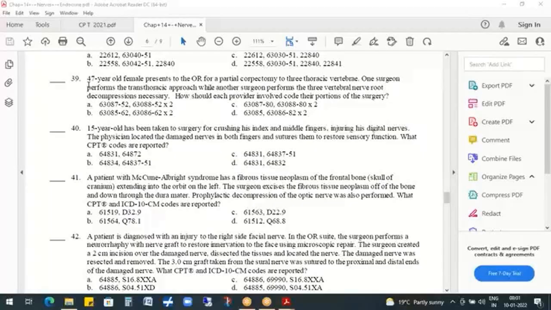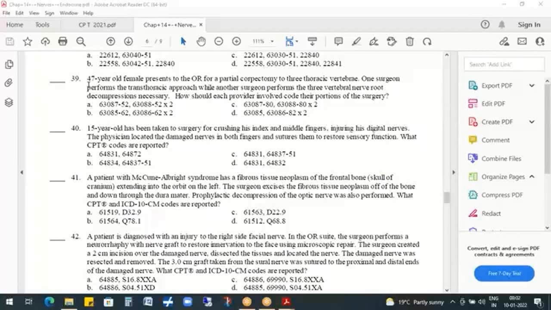Any block? No, sir. Is there any suturing of nerve? Sutures them, yes. Suturing is there. Then what is the procedure performed?